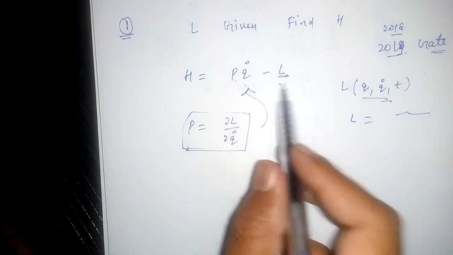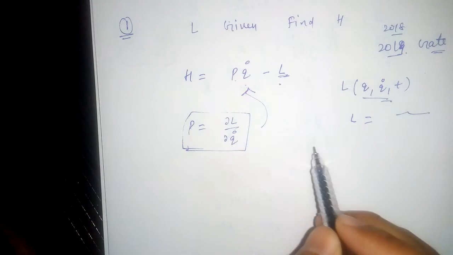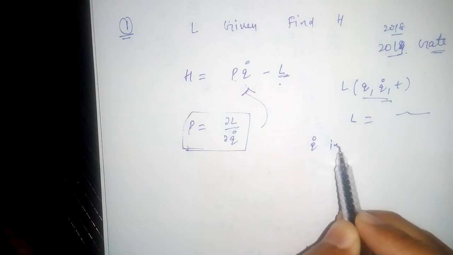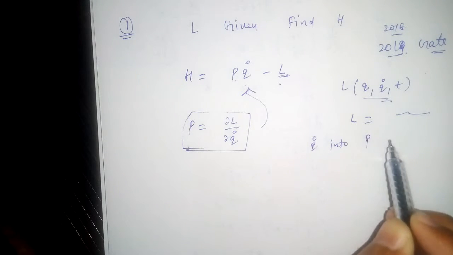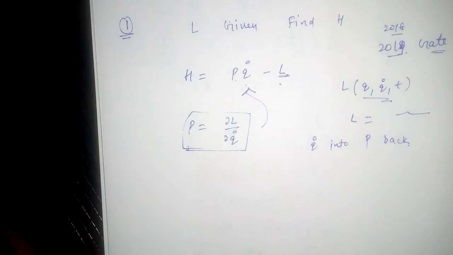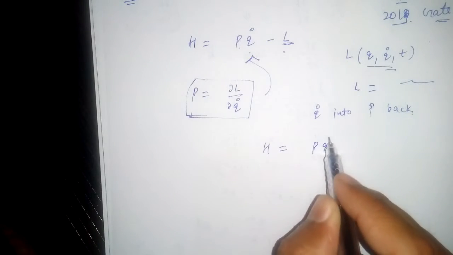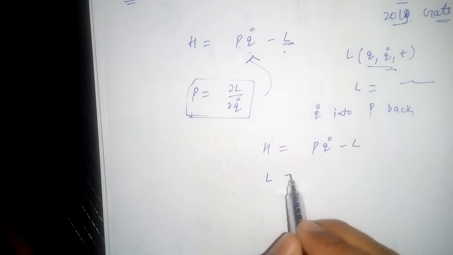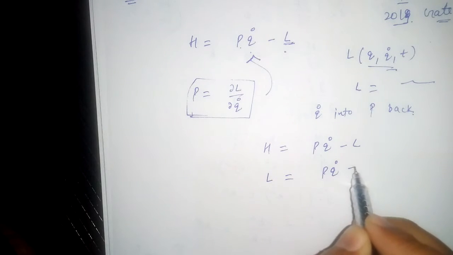Then simplify it, and later convert q dot into P. Similarly, if the Hamiltonian is given, how to find the Lagrangian: the Lagrangian will be P q dot minus H. Then from here q dot will be delta H upon delta P.